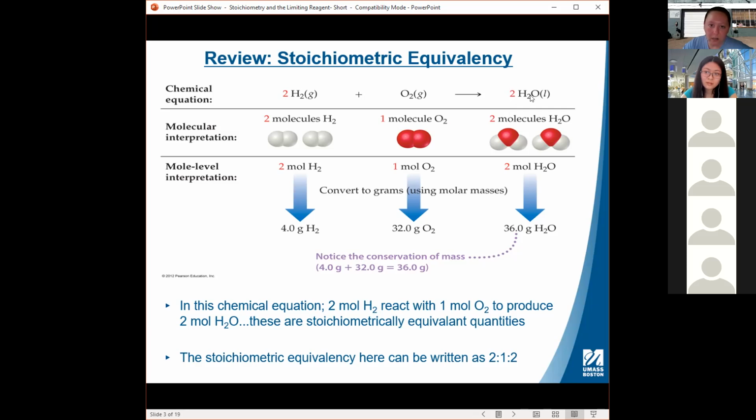But now we have 4 atoms of hydrogen, since 2 times 2 is 4. So now we have to go back to the hydrogen and balance it over here by adding a 2 here. Now we have 4 hydrogen atoms on this side and 4 on this side. That is the very first step to starting our calculations. We always want to make sure that our chemical equation is balanced before we start.